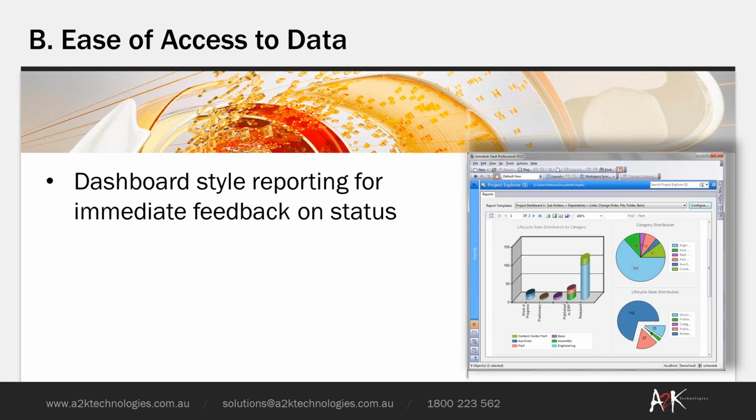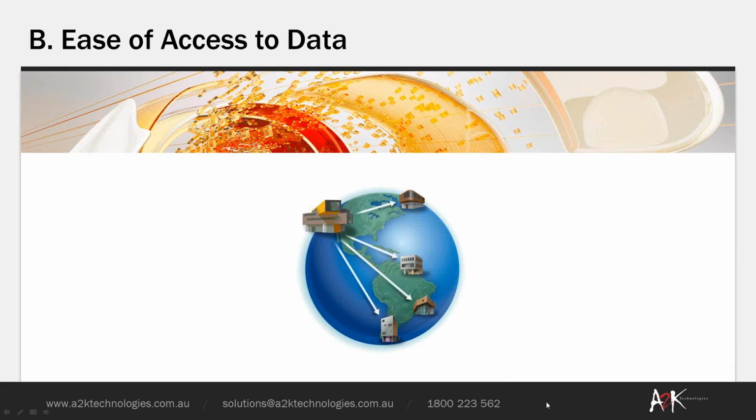You want to quickly see how many of these drawings are work in progress, how many more are to be released, how many are waiting to be released, just to give you a gauge or a barometer of how much the design stage is done. You can also quickly see who's got the files. So on a report you can say maybe the engineers have got 50% of the files checked out, the managers got 10%, so we need to get that 10% back and keep working on it. So it cuts down a lot of to and fro and paper trails.